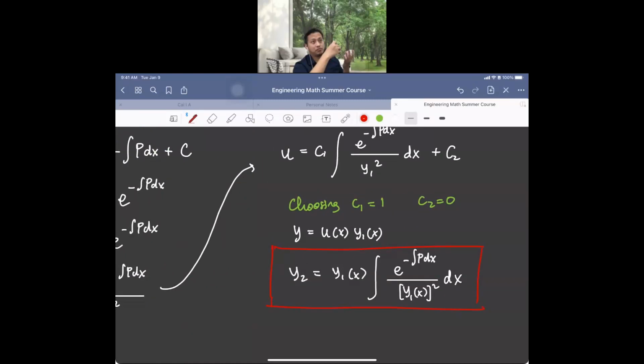Okay, that's how we approach the second solution.